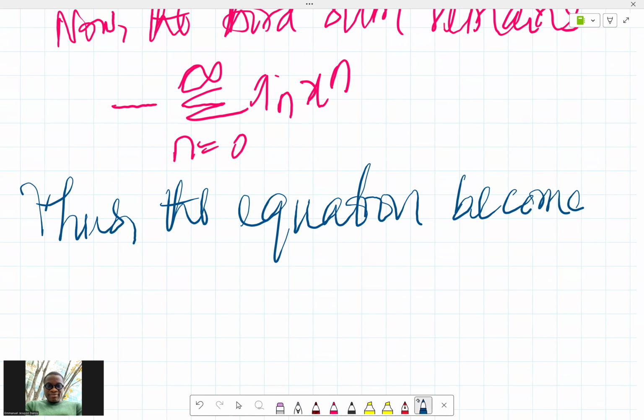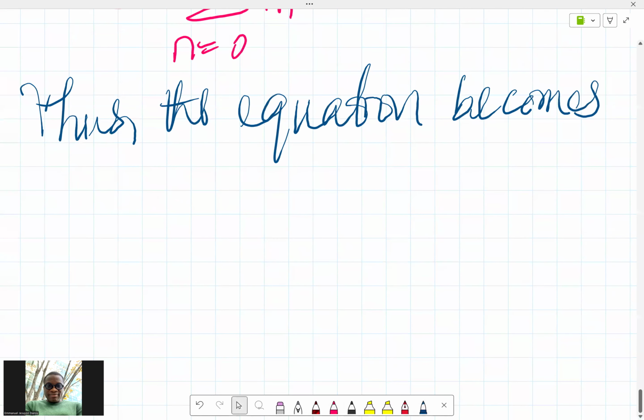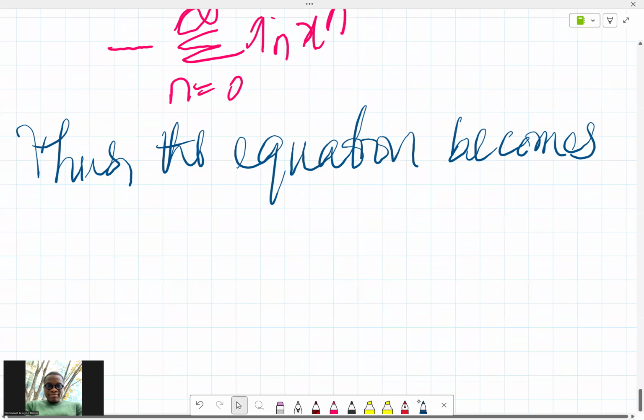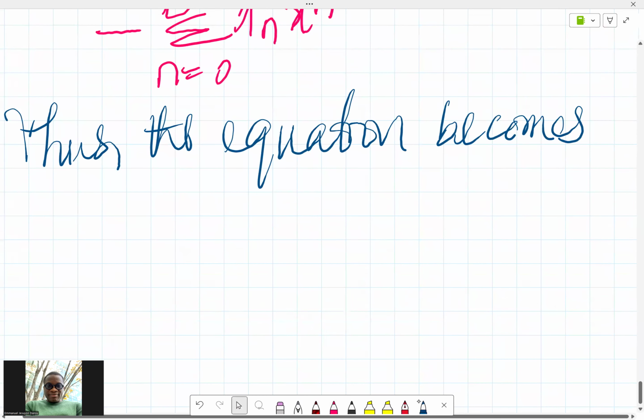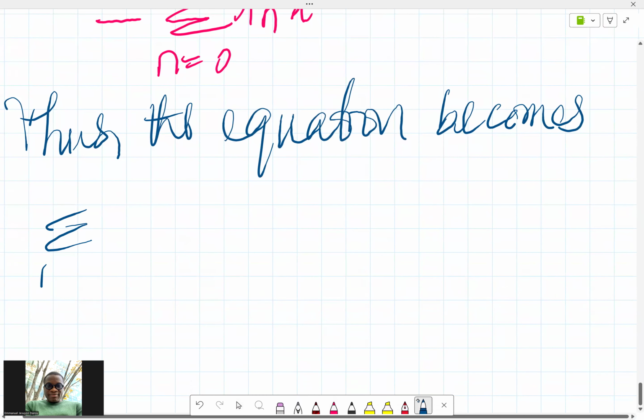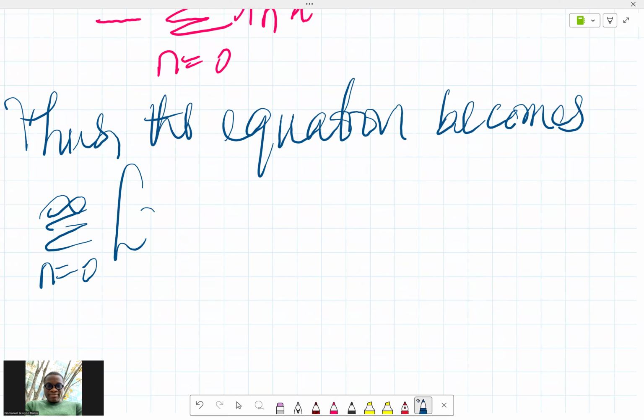becomes, we can now put everything together because everything is now starting from 0. So the whole thing now becomes summation from n equals 0 to infinity of, let me just do it this way, an plus 2 into n plus 2, into n plus 1.